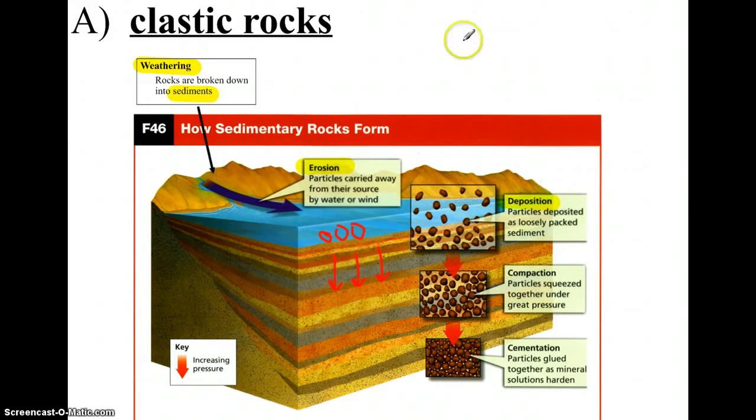And that pressure causes the sediments to become compacted. So compaction is the fourth step. Particles are squeezed together. And eventually, the minerals that are in the water will act like glue, and the particles will become cemented together. And that step is called cementation. So again, the WEDCC processes: weathering, erosion, deposition, compaction, and cementation.